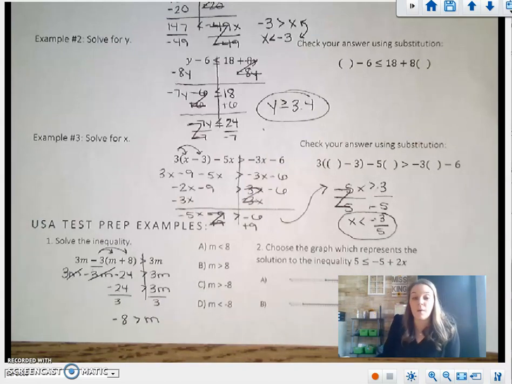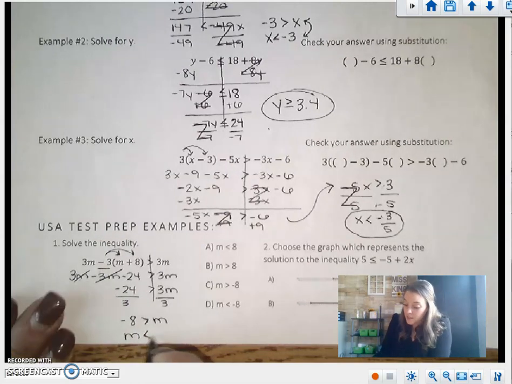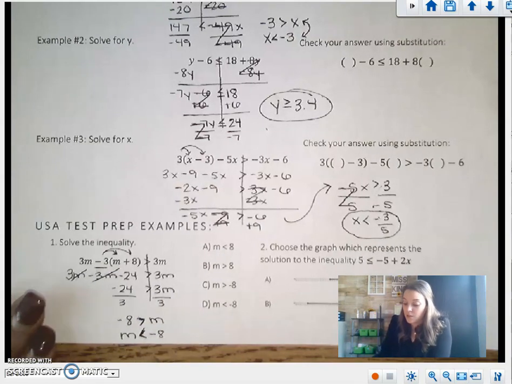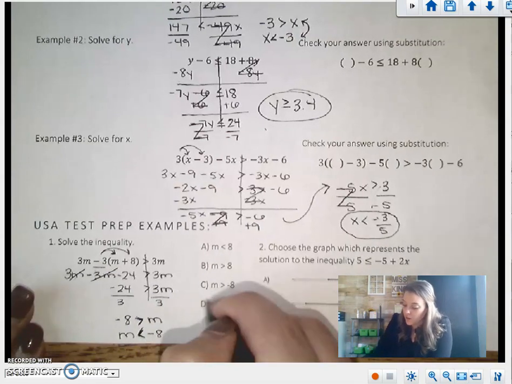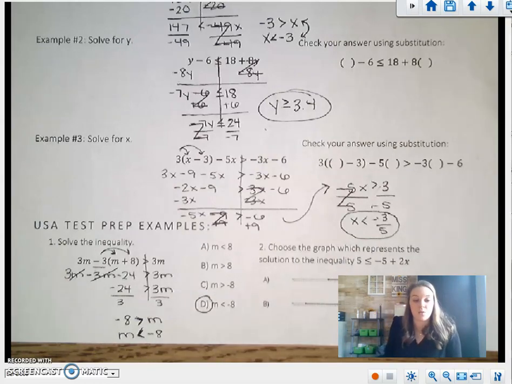Whenever you divide by a positive number, your inequality symbol does not change. So I have negative 8 is greater than m, which can also be written as m is less than negative 8. Notice the mouth is pointing towards the negative 8. So I need to match this answer to over here, and it would give me answer choice D.